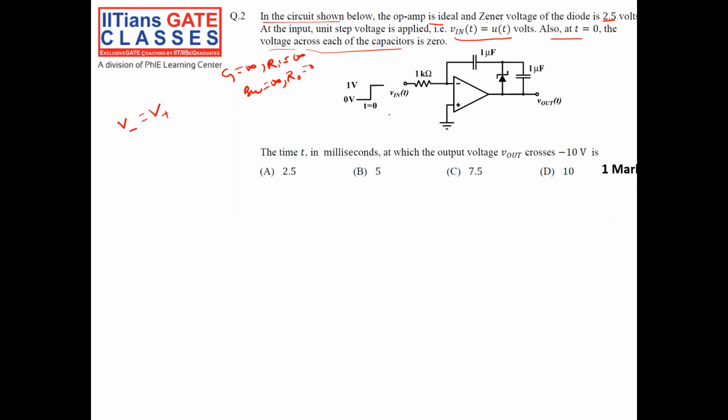In this case, since the positive terminal is 0, here also it is equal to 0. This is step 1. Second step is, since the voltage here is 0, the current here is Iin. When I apply the unit step voltage, I apply 1 volt, so the current here is 1 volt by 1K. So Iin is equal to 1 volt by 1K, which is equal to 1 milliampere. This is the second step.